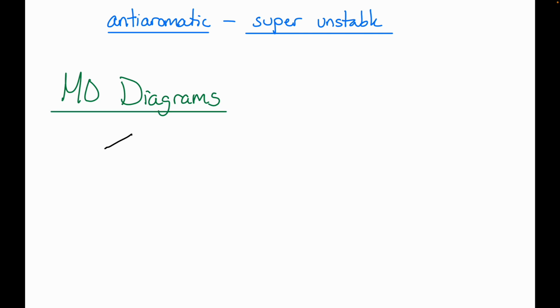Let's start with our classic aromatic compound benzene.